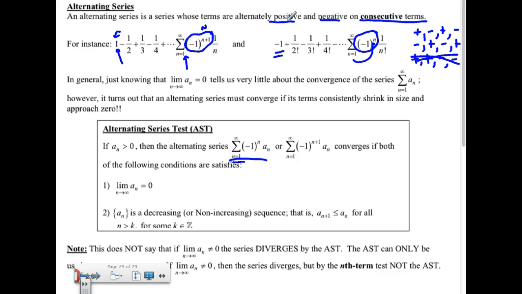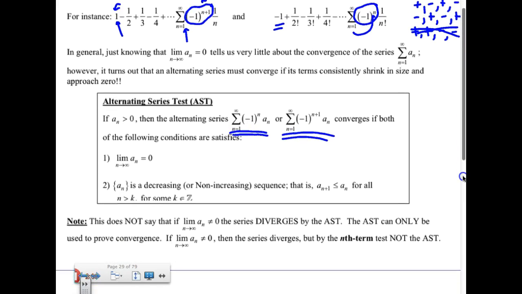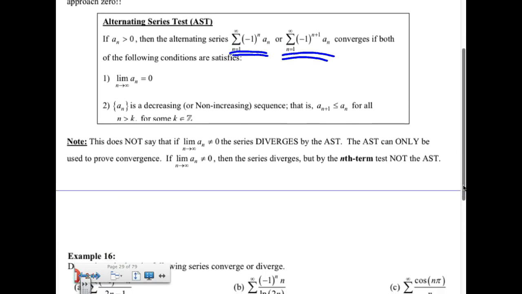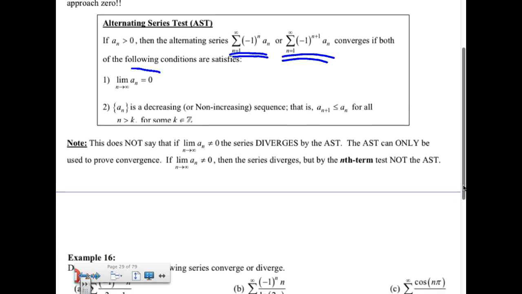If a series is alternating, we have a really slick test for convergence. What we do is we take the limit of the series in the absence of the alternator. So we take that alternator away.